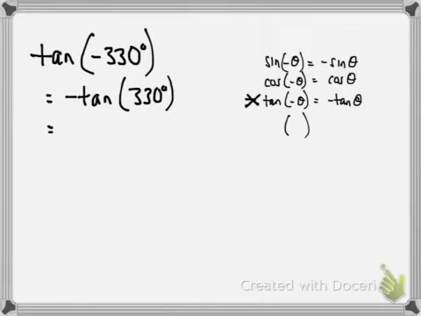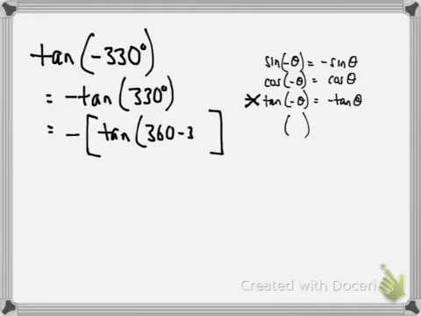And to keep the negative out the front, we just use square brackets and do it as normal. This is fourth quadrant, so it's going to be 360 minus 30, and that's effectively the same as tan 30, and we're in the fourth quadrant here.